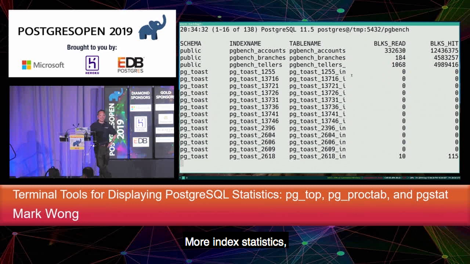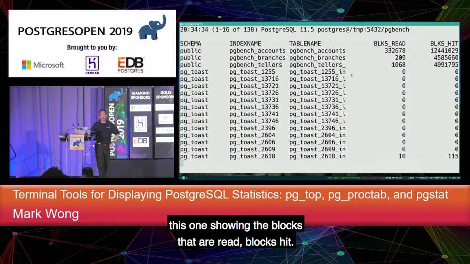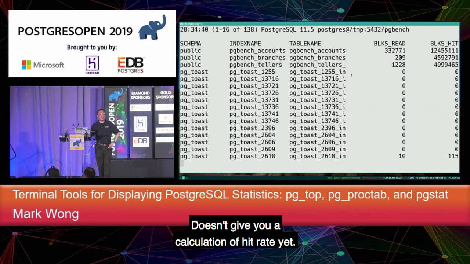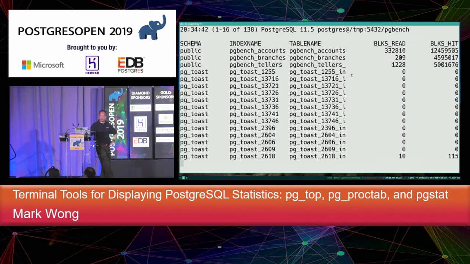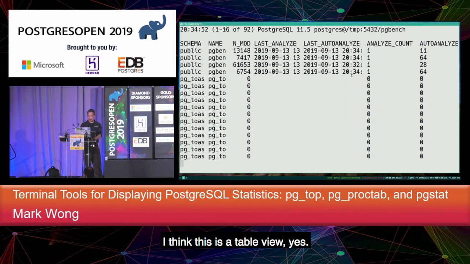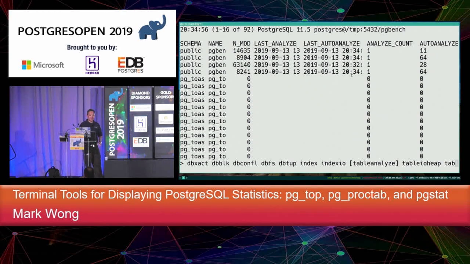More index statistics. This one shows the blocks read and blocks hit. It doesn't give you a calculation of hit rate yet. This view, I think this is a table view, yes.